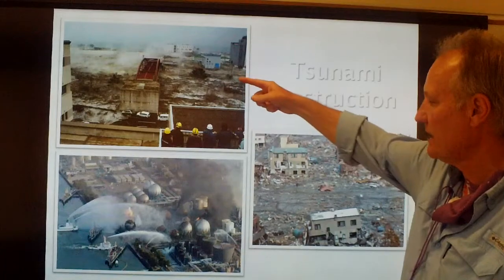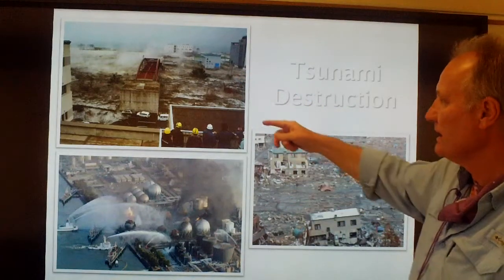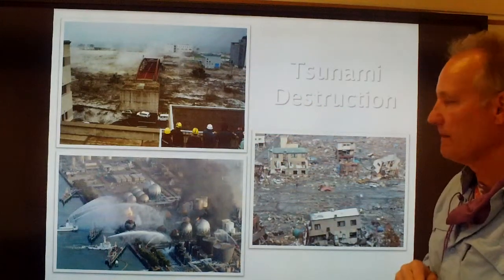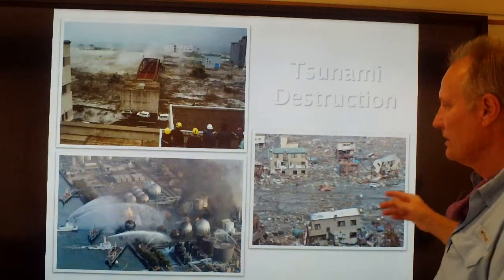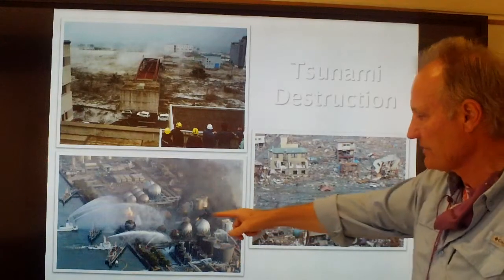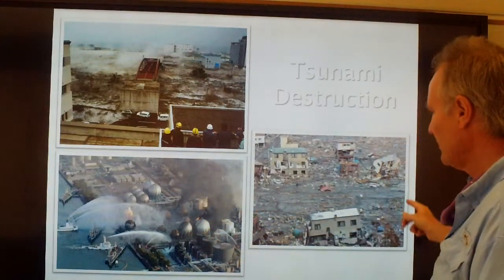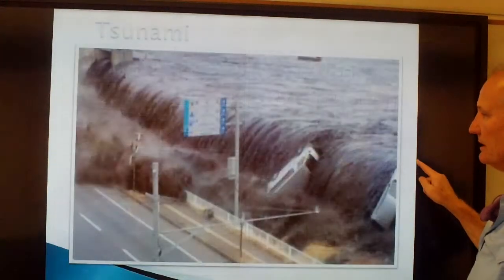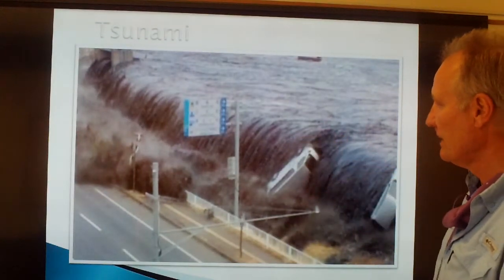And here's the wave coming in, and it just destroyed many parts of the eastern side of Japan. And here are the reactors burning after the tidal wave came through. Here's some of the destruction, and here's the tidal wave coming over.